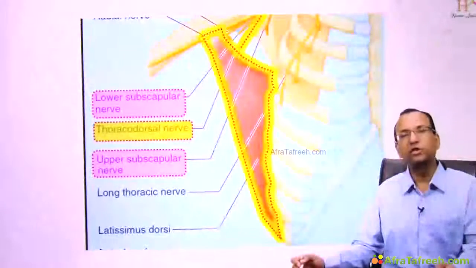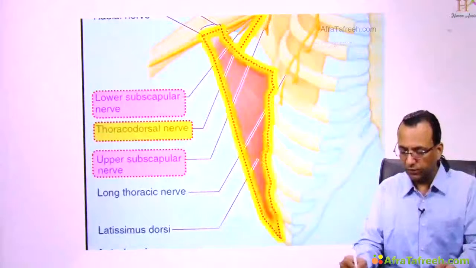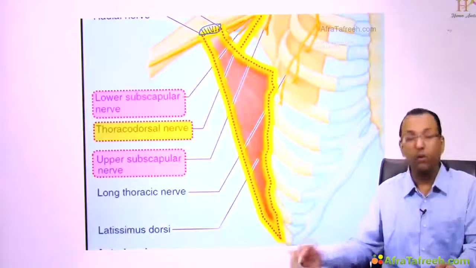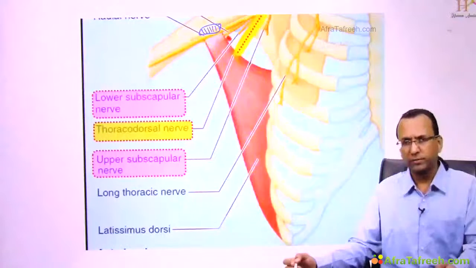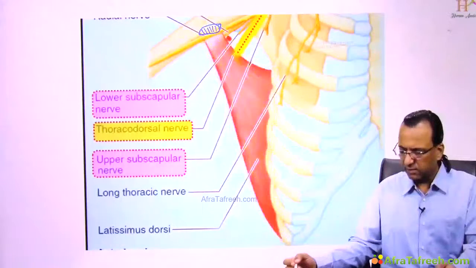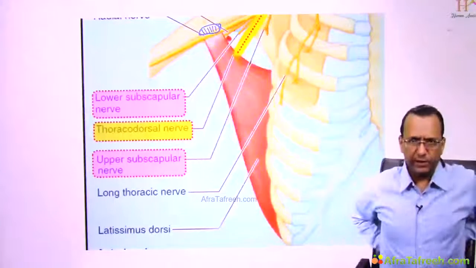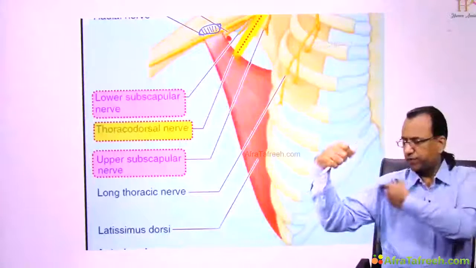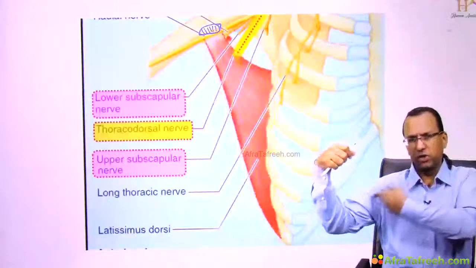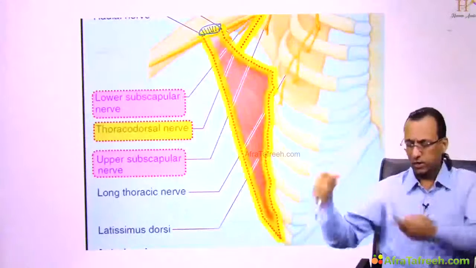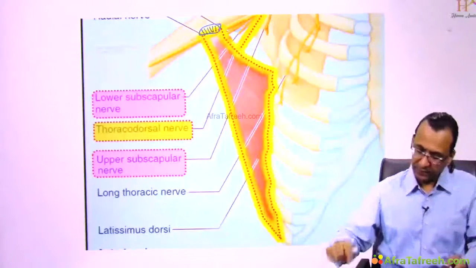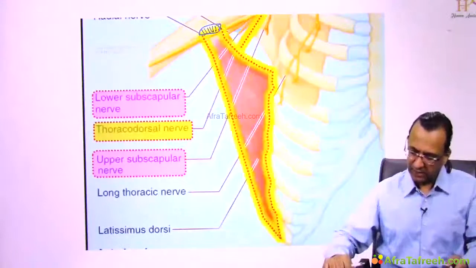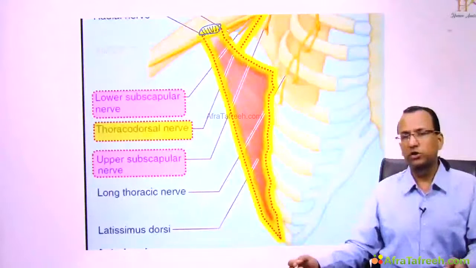Latissimus dorsi inserts into the floor of the bicipital groove of the humerus. It is supplied by this nerve, the thoracodorsal nerve.